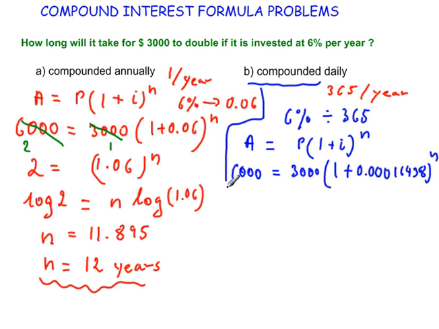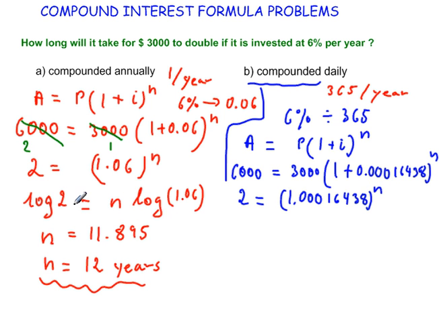So, same procedure. You divide both sides by 3,000, so the left side will be 2, the right hand side will have 1 point, and then copy those numbers. So 3 zeros, 1, 2, 3, 16438 to exponent n.